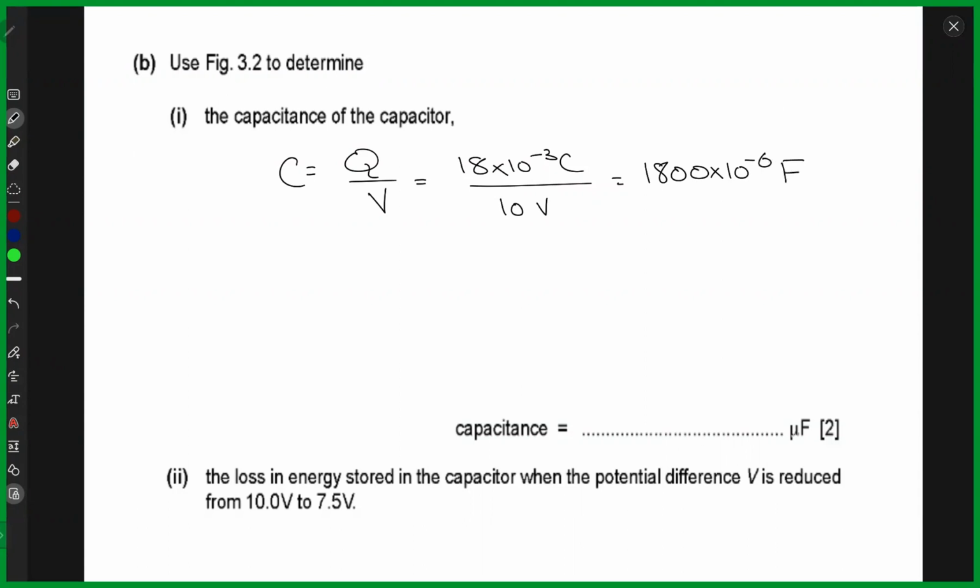Because they are asking for the answer in microfarads, I can replace the 10 raised to power minus 6 with the prefix micro, and this becomes 1800 microfarads. Right? So that's the answer. Is that clear? Any questions from anyone so far?